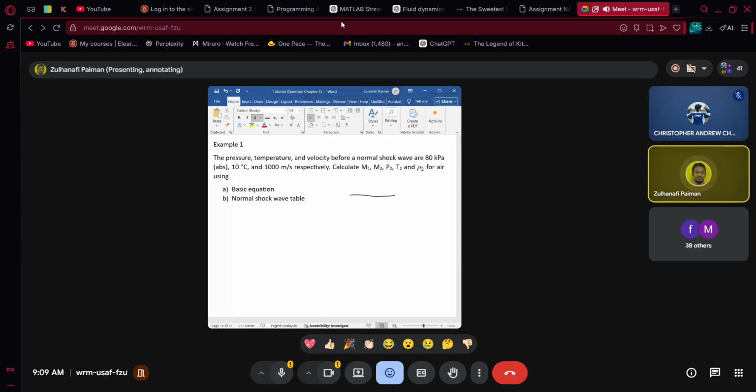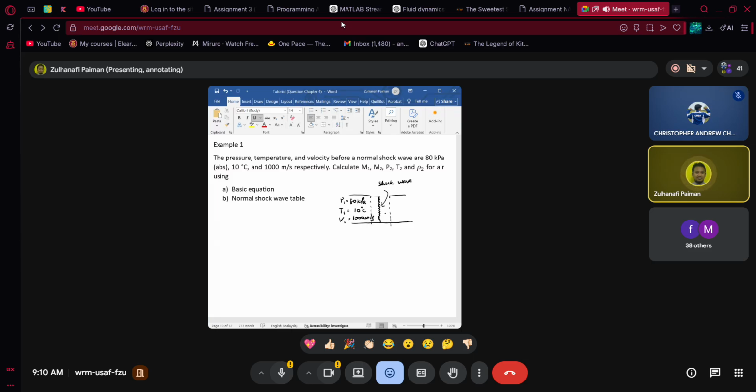So for this case, I think you have to show this kind of diagram, your control volume. So this is the shock wave. So this is the upstream and this is the downstream. Here, before the shock wave, the pressure is 80 kPa, temperature is about 10 degrees C, V1 is 1000.